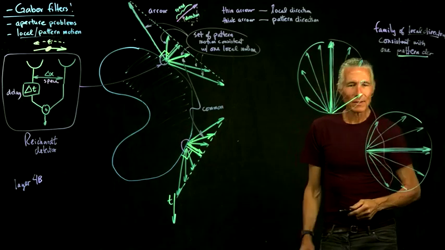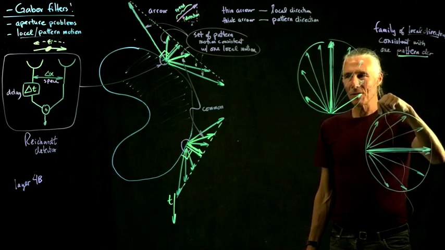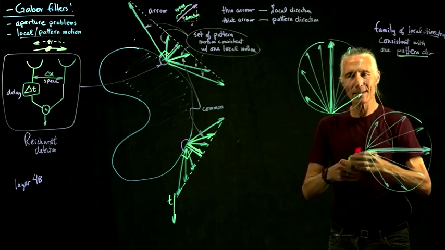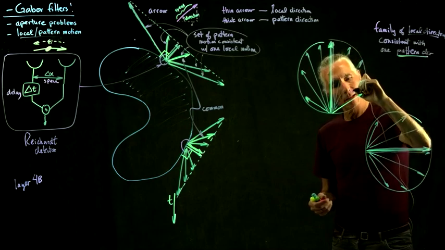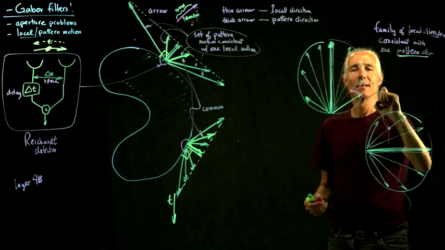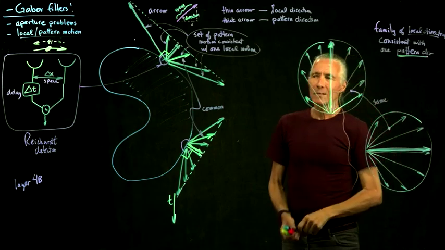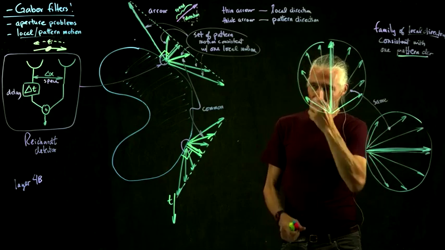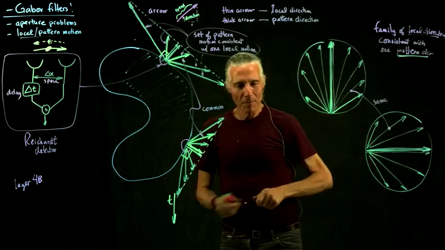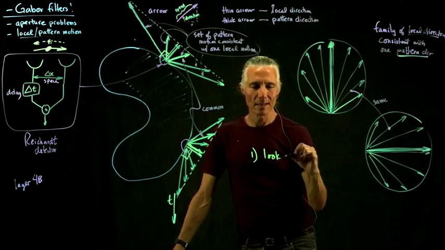And now if we look at these two families, we can see this guy's the same, right? That guy's the same as this guy. And so how do we solve the problem? So we solve the problem by, one, look across space.